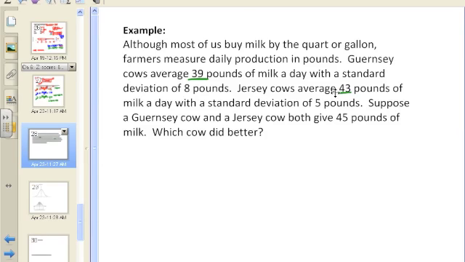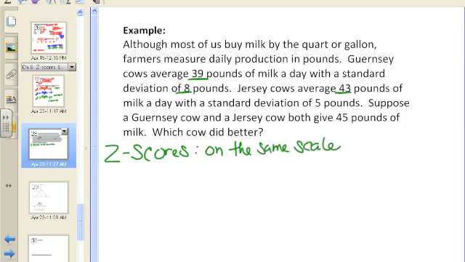But what we also need to consider is that the Guernsey has a bigger standard deviation, more variety in what they can produce. So to help us put these on the same scale, we're going to calculate z-scores. So z-scores help us get things on the same scale, so we can compare things that are usually not comparable.